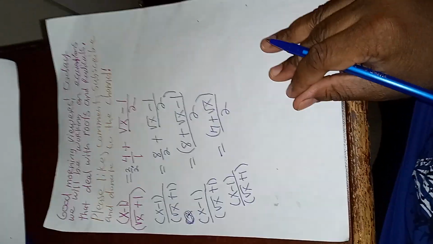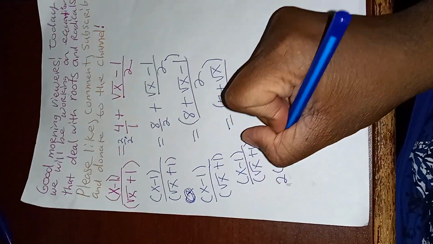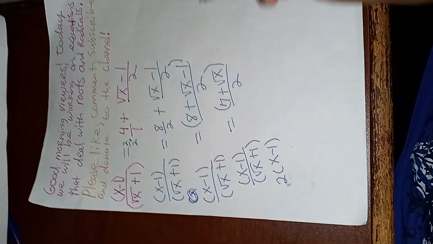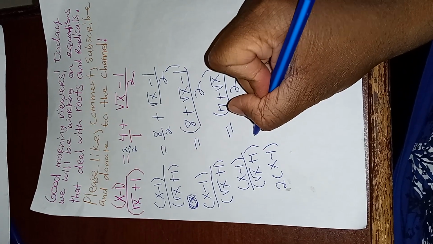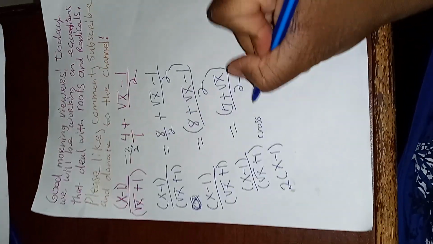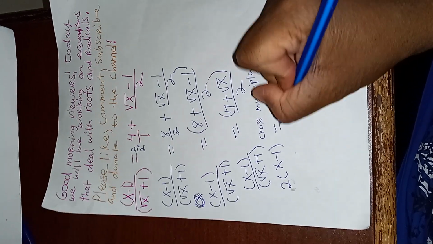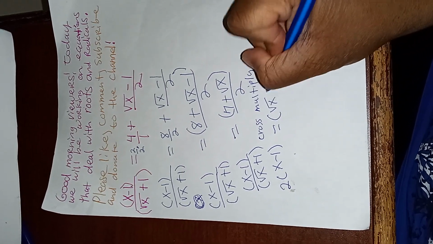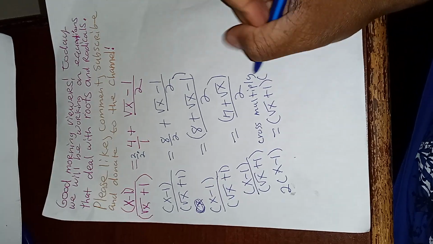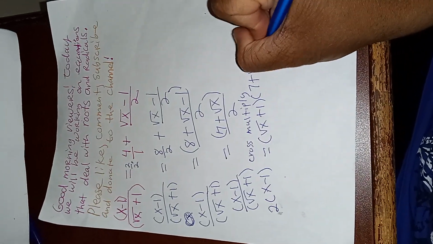Then we can cross multiply. So 2 times (x minus 1) is equal to the square root of (x plus 1) times (7 plus square root of x).